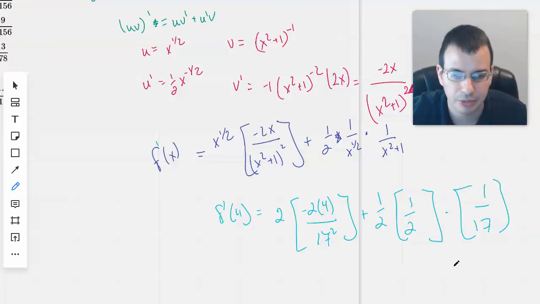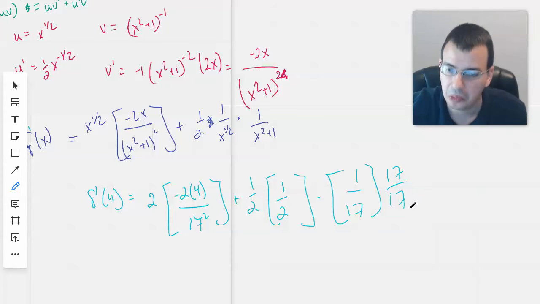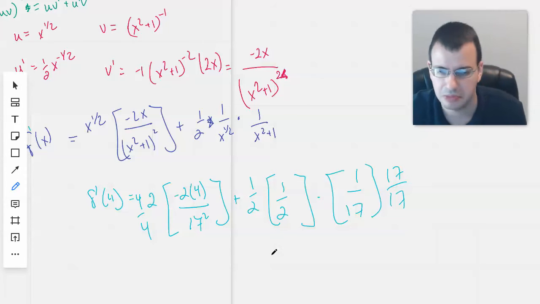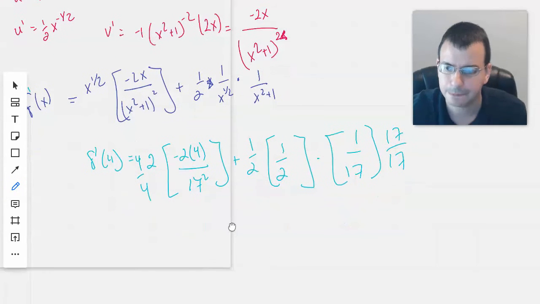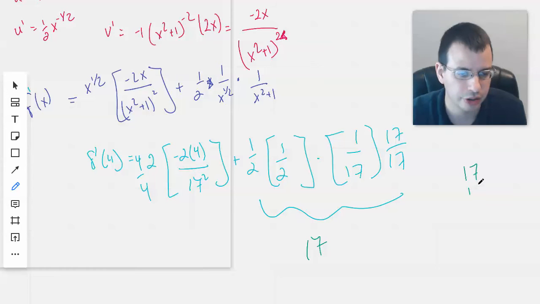But then I'll probably multiply the top and bottom here by 17, because that way I'll get a common denominator. But then I'll also multiply this one by 4 over 4. That way I get the 2's. Maybe. We'll see. Okay. So, looking at this side first, we have 17 over, what is 17 squared?